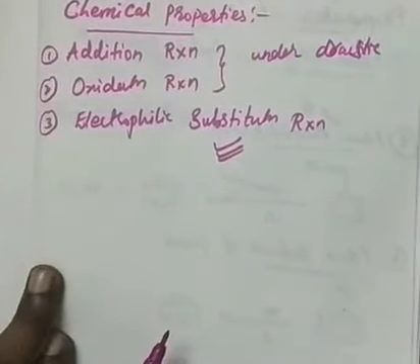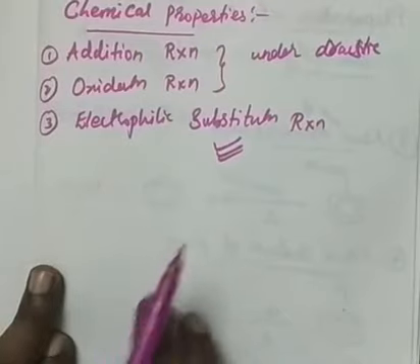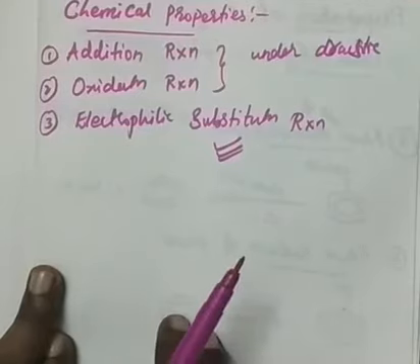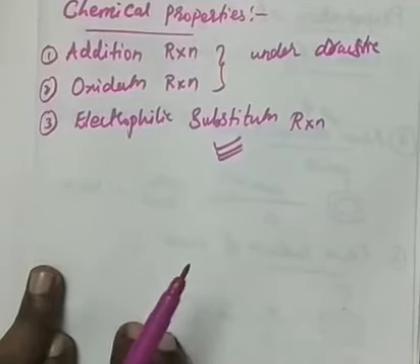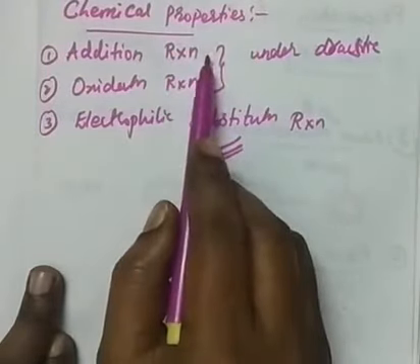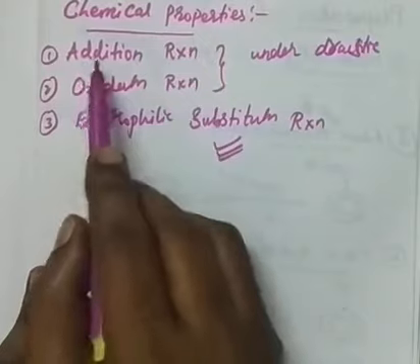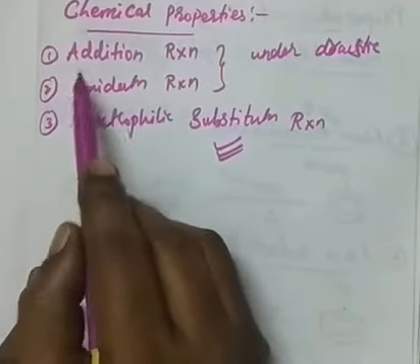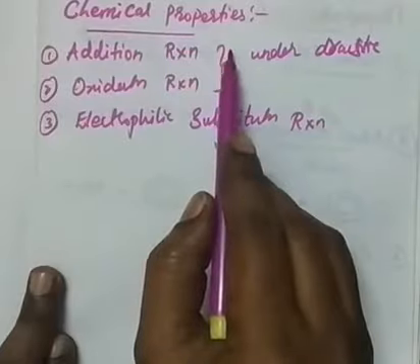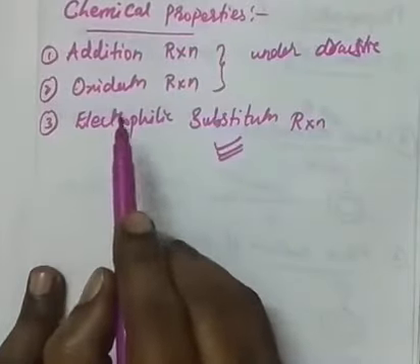Addition reactions mean the double bond has to participate in the reaction, but in benzene the double bonds are continuously rotating, so they are not available for the reaction. Therefore we need special or more drastic conditions. So though I am discussing these two reactions, they occur only in special conditions, not common. But the substitution reactions are very common.